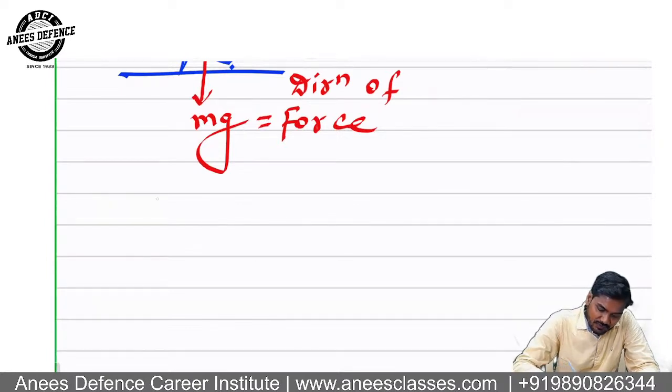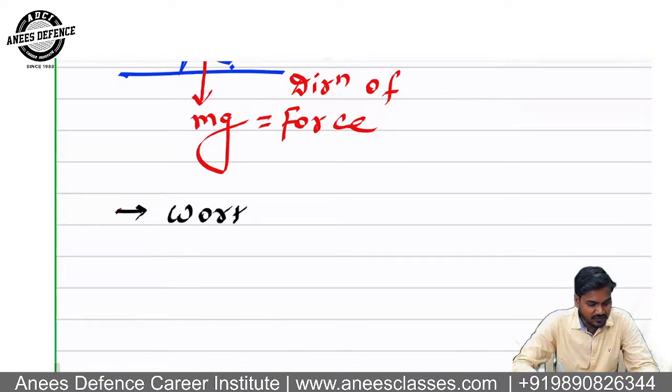So the conclusion is what? First conclusion: work is a scalar quantity.